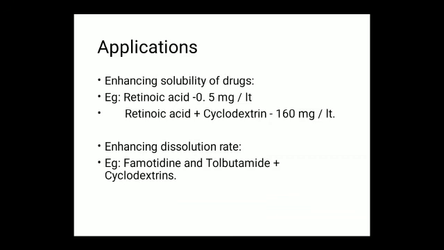When complexes are formed with cyclodextrins, the solubility is enhanced to 160 mg per liter. The second application is that complexation with cyclodextrins enhances dissolution rate. Examples: famotidine and salbutamol enhance dissolution rate by forming complexes with cyclodextrins.